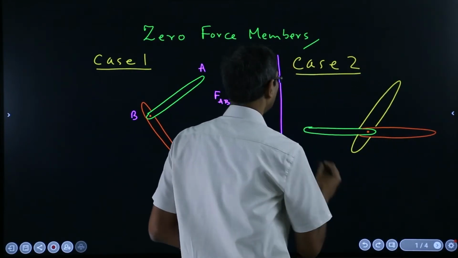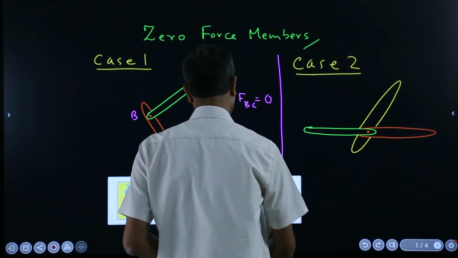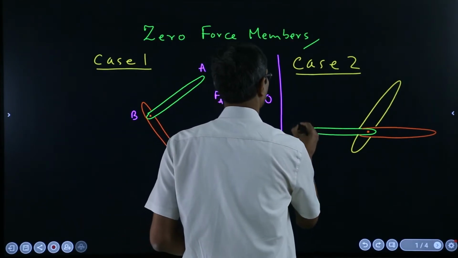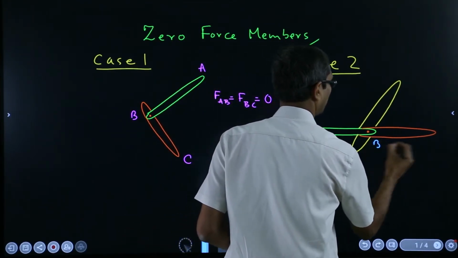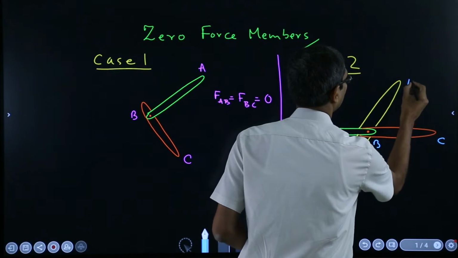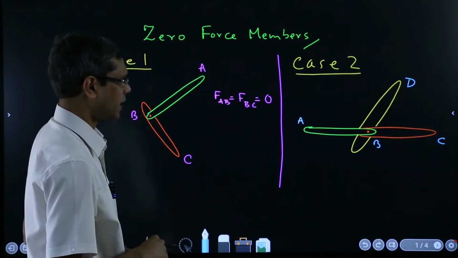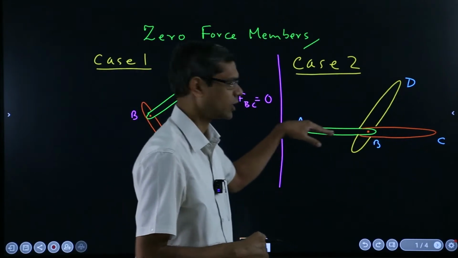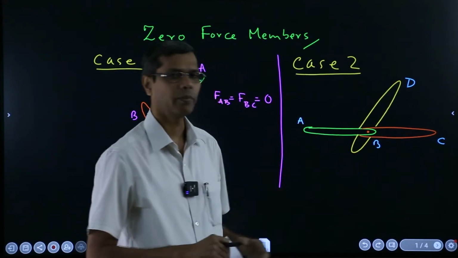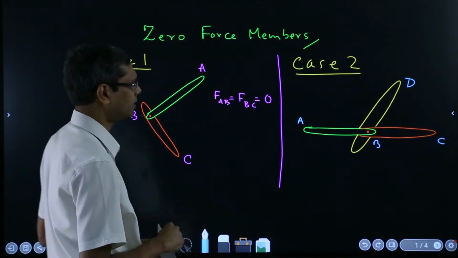Let me give some names to them. Say A, B, C, then D. Now, there are two members which are collinear, then there is another member which is at some angle with that. That angle could be anything.